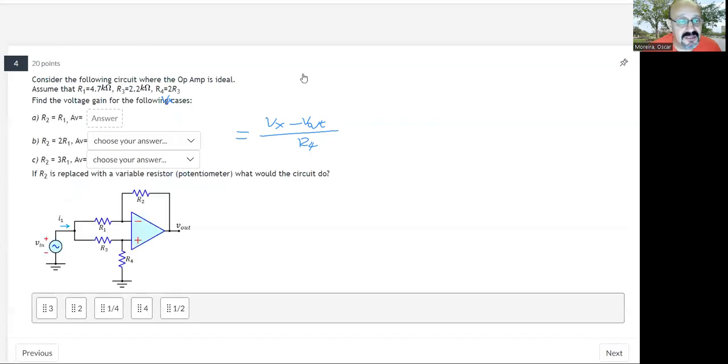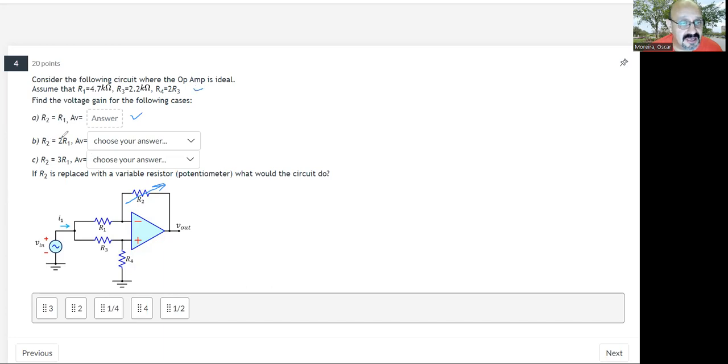Next question. It's a circuit that actually has a very interesting use, particularly when one of the resistors is a potentiometer. So if we set the resistor 2 to be a potentiometer here, what we want to observe is what happens to the output. So first question is find the voltage gain for the resistor given.